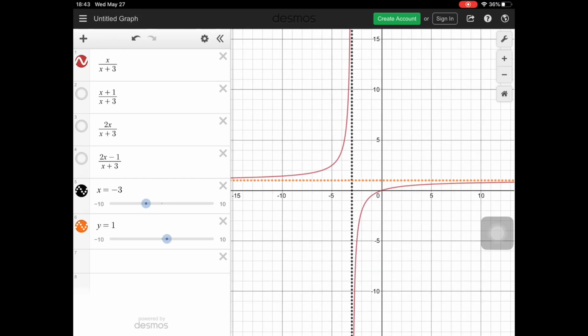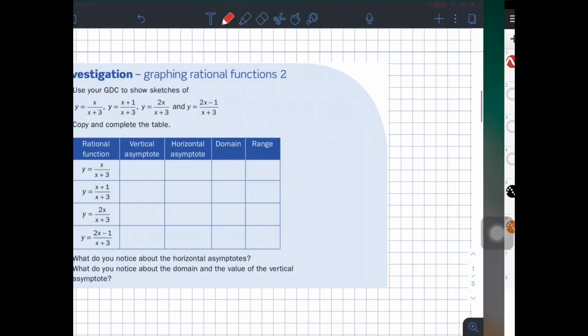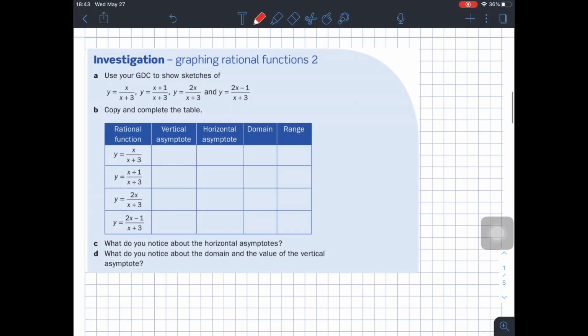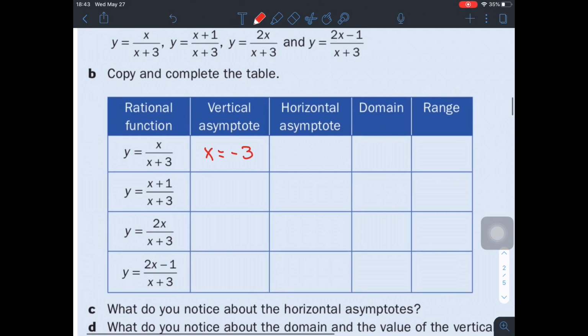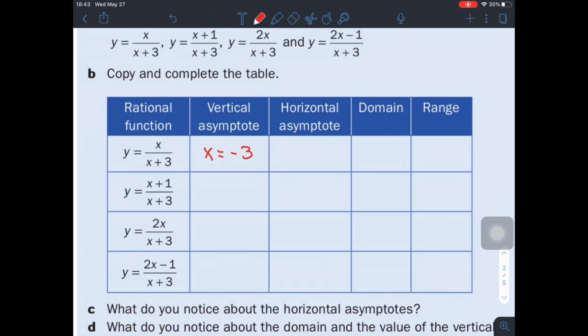Okay, so let's analyze this in the table. For the first function, x over x plus 3, we know that the vertical asymptote is x equals -3. You already know how to calculate that. And the horizontal asymptote is calculated this way. Pay attention. Whenever we have a function divided by another function, which is the case of a rational function, the horizontal asymptote is always found by dividing the coefficients in front of the x's.